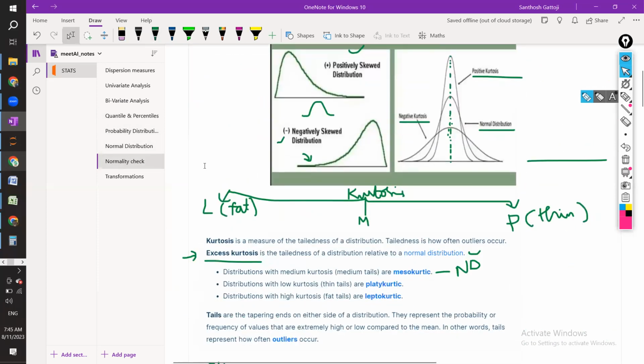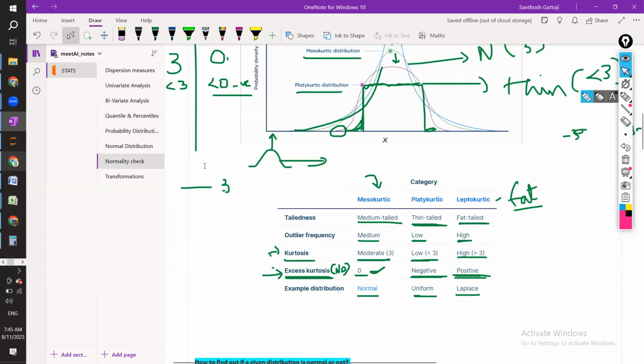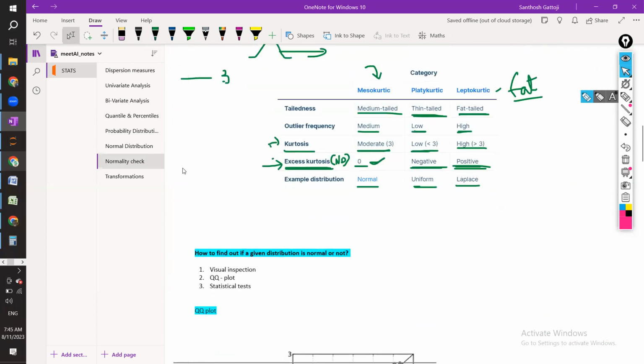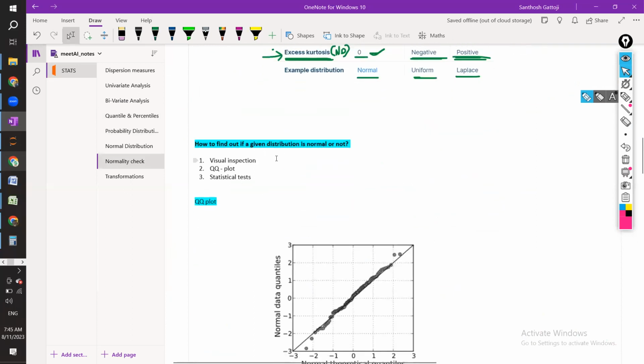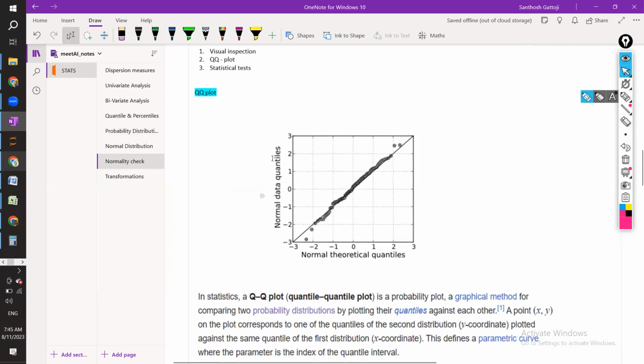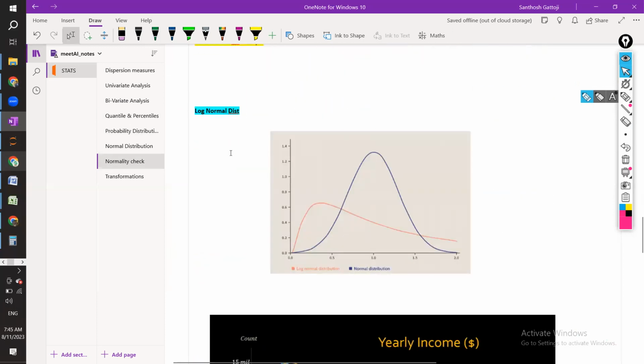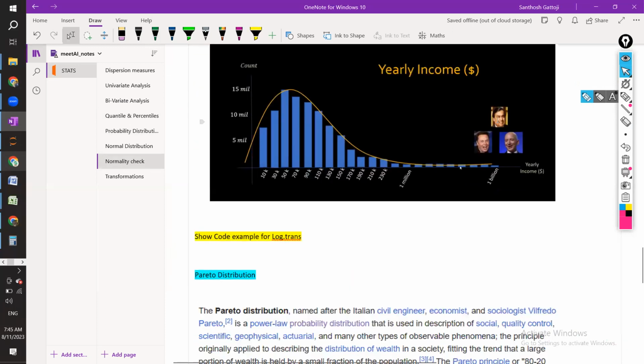Coming back to our concepts, try to go through till Kurtosis. Tomorrow we are going to see how you can find out whether a distribution is normal or not. We are going to see some tests, and then some other distribution called log normal distribution, and we are meeting who? Elon Musk, Ambani, and Jeff Bezos.